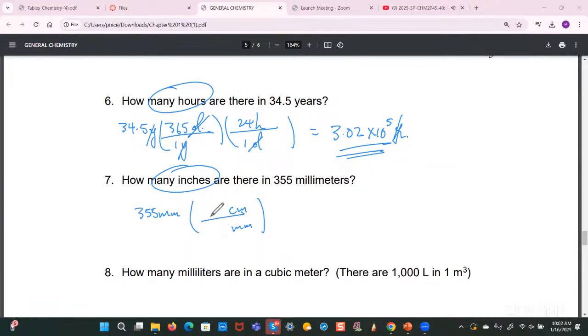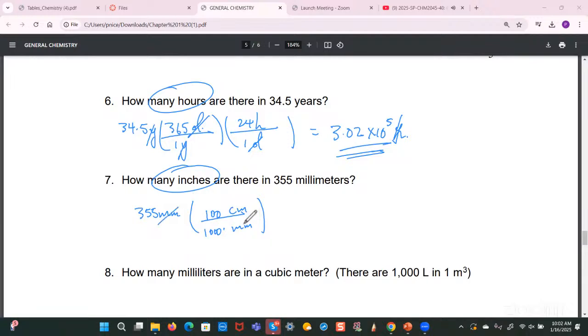There's 1,000 millimeters to 100 centimeters. I was thinking 1 to 10. It's the same ratio, but just as correct.